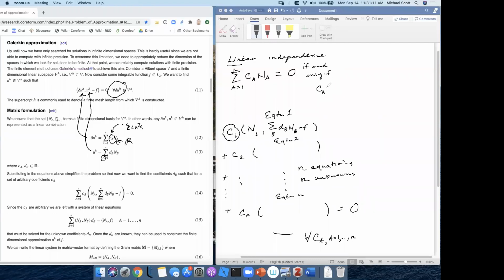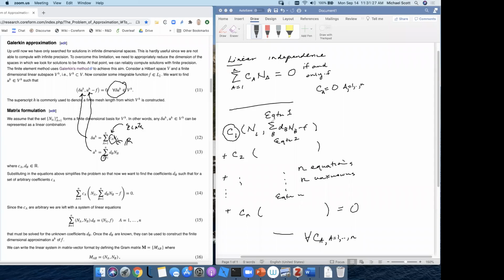All the c's are zeros. Wow, those look almost identical, don't they? So what more can we learn here?